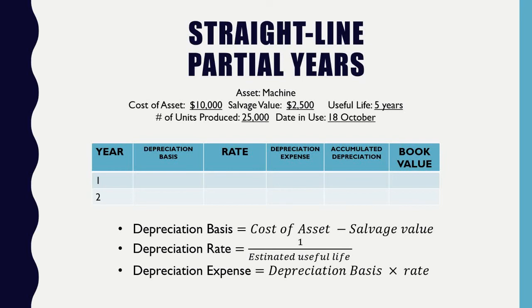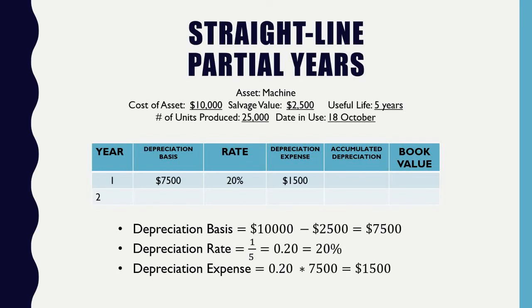So starting with the first year, depreciation basis, which is your asset cost minus salvage value. So you're going to take your 10,000 minus 2,500, and you're going to get 7,500, right?